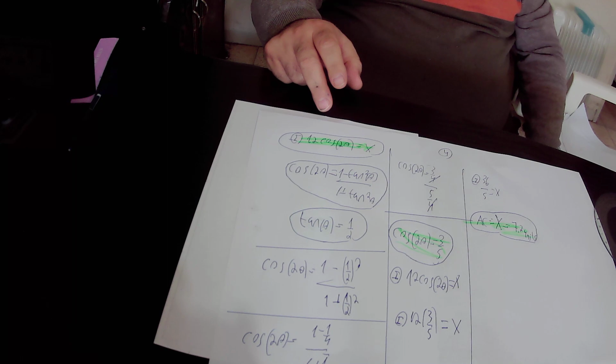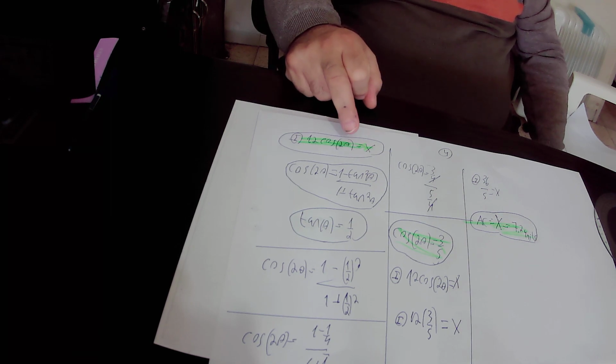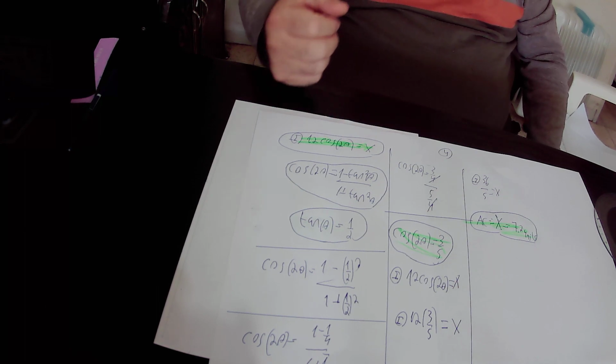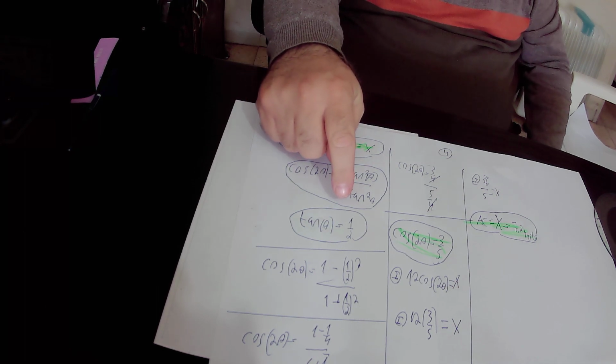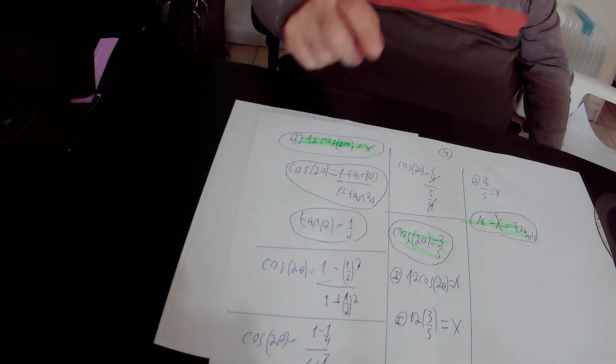In order to find the value of cosine 2 theta, I presented to you a new trigonometric identity: cosine 2 theta equals 1 minus tangent squared theta over 1 plus tangent squared theta. But we have already found that tangent theta equals 1 half, so we can substitute tangent theta in this identity by 1 half.